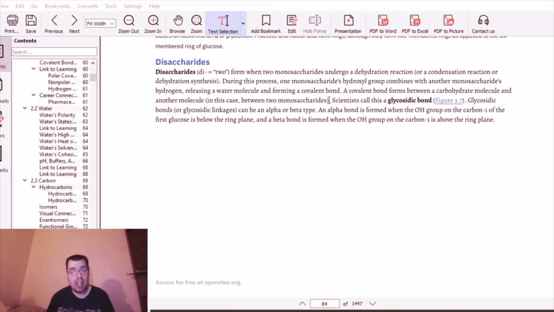If you guys recall, a covalent bond is when 2 or more atoms share electrons, for instance, to fill their valence shell.